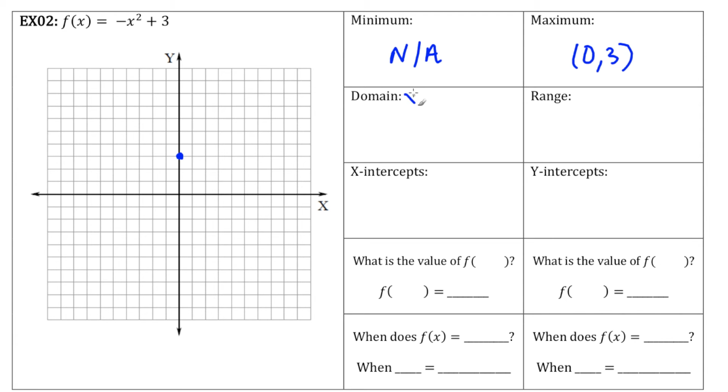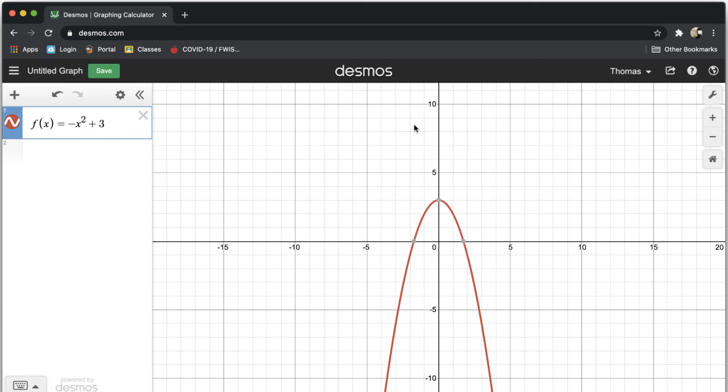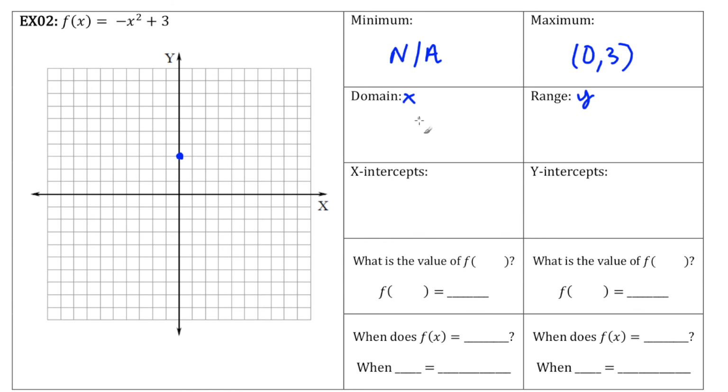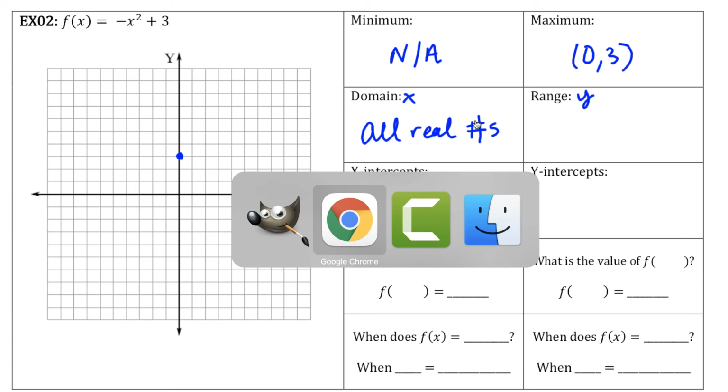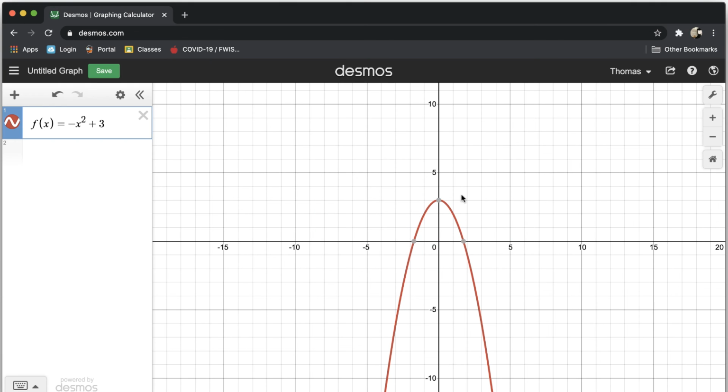Domain, let's talk about the x's and let's talk about the y's. Domain. It goes forever left and forever right, it keeps going on left and right. It doesn't have any limits, so it's all real numbers. Range. Let's talk about the range. Did it ever stop going up?